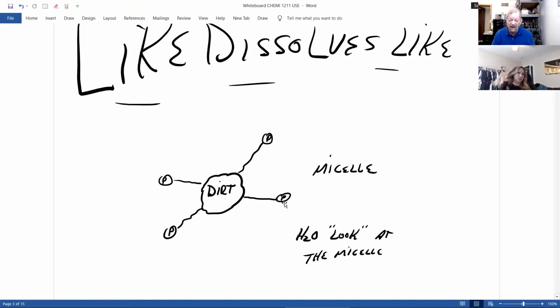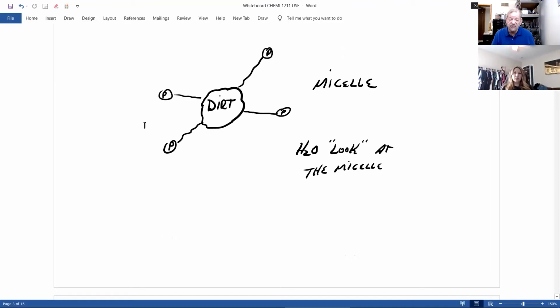So the polar head is on the outside, the tail is by the dirt, and this forms a micelle, and the micelle has the polar heads all around the dirt, and water looks at the micelle and says, I'm polar, you're polar micelle, let's go down the drain together. And they do.